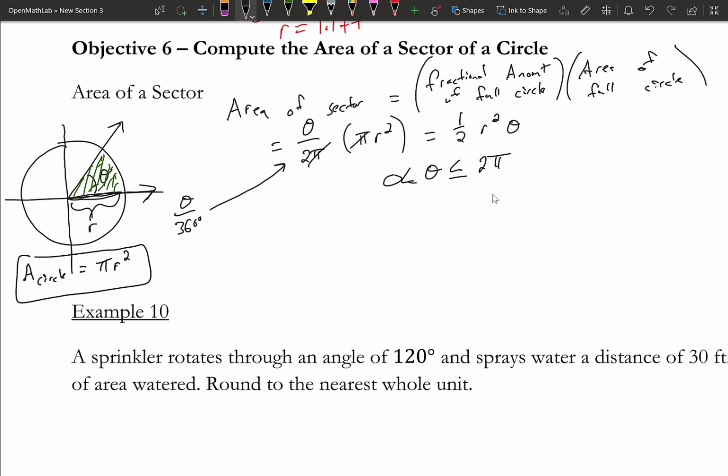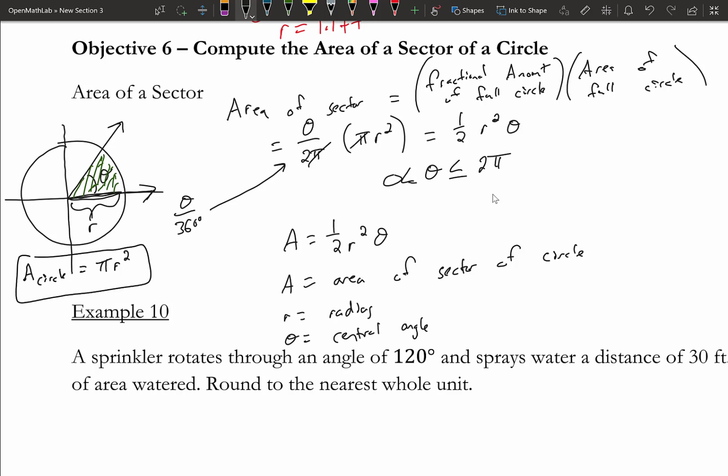So in other words, what we have is A equals 1/2 r squared theta, where A equals the area of the sector of a circle, r is equal to the radius, and theta equals the central angle in radians.